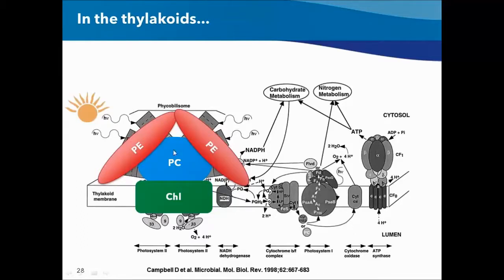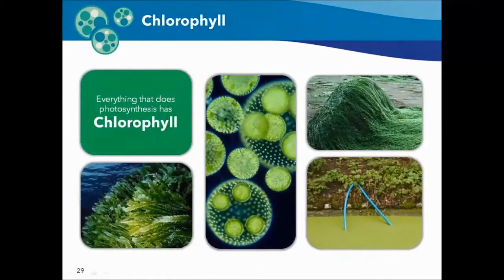These three pigments are absolutely critical in the photosynthesis. And as a reminder, what's going on here is the pigments are helping us to harvest that energy from the sun, and that energy is going to be used to make sugars or to make the biomass that becomes the algae. Here's why that matters.